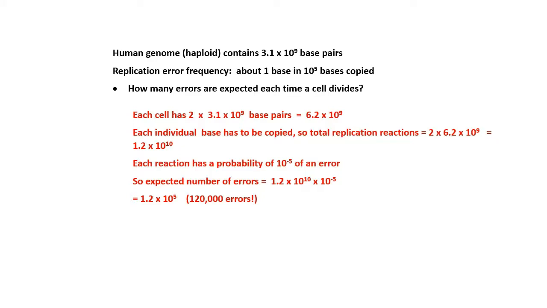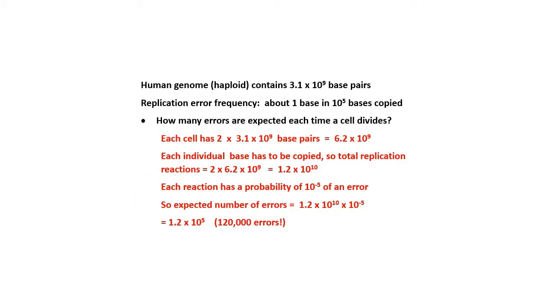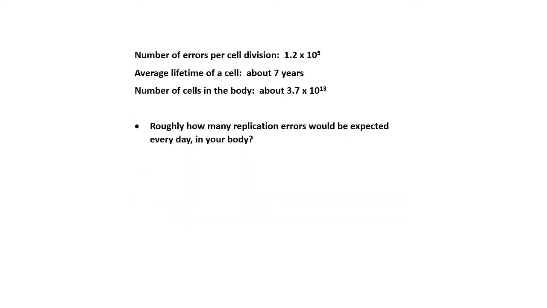So now let's push that a little bit further and see how serious that is in terms of the whole organism. We've got this number that we've just calculated, that the number of errors per cell division is 1.2 times 10 to the 5, 120,000.